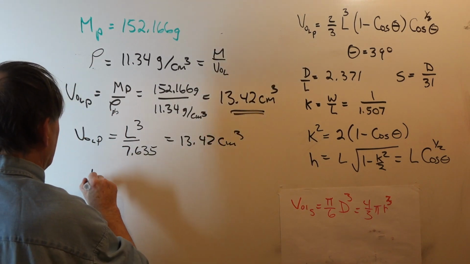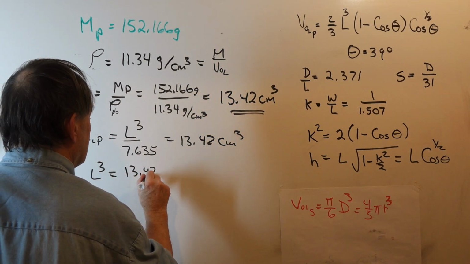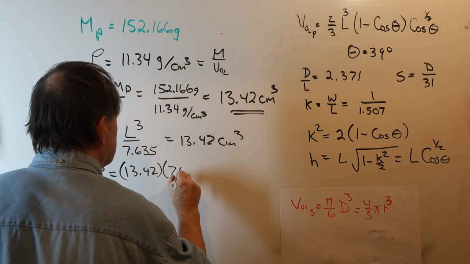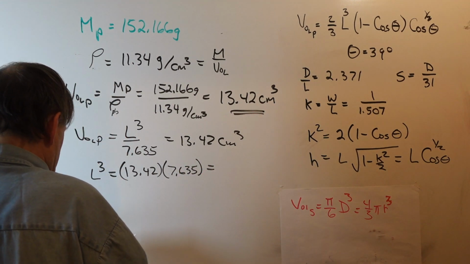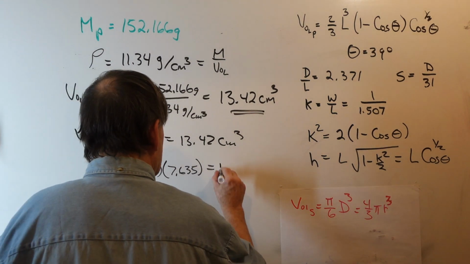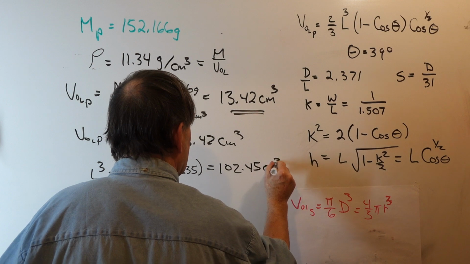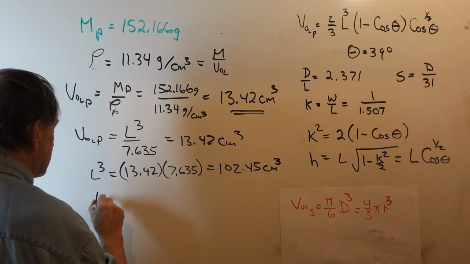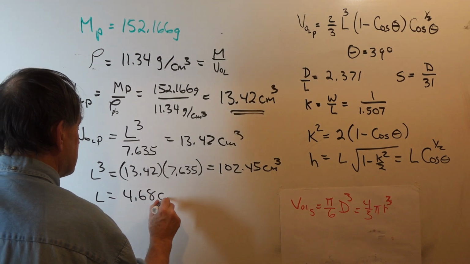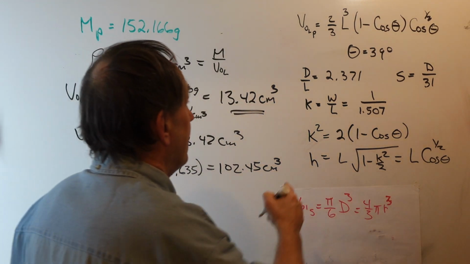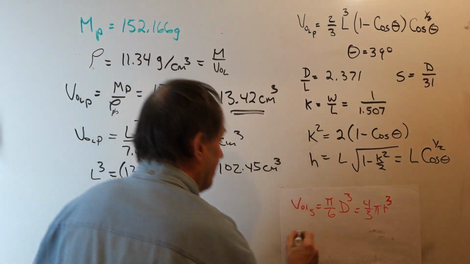We can cross multiply, so L cubed is 13.42 times 7.635. So L cubed is 102.45 centimeters cubed. Take the cube root of each side, so L is 4.68 centimeters. So that's our L, the slope side length on the pyramid.